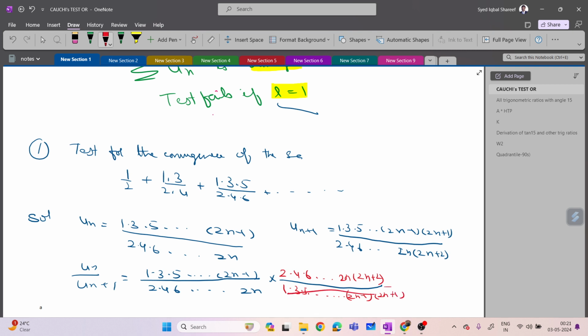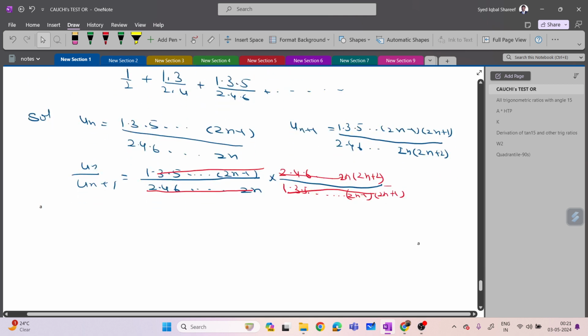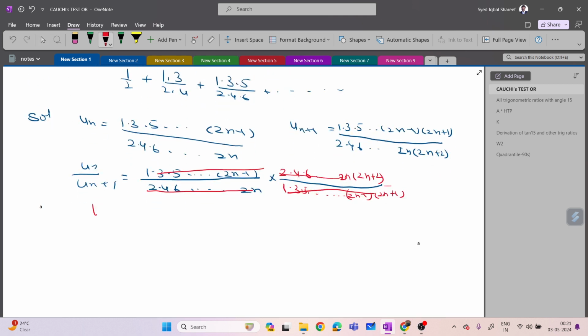Now 2n minus 1 and 2n minus 1, 2.4.6 up to 2n and 2.4.6 up to 2n, they get cancelled. So we are left with un by un plus 1, which will be 2n plus 2 by 2n plus 1.